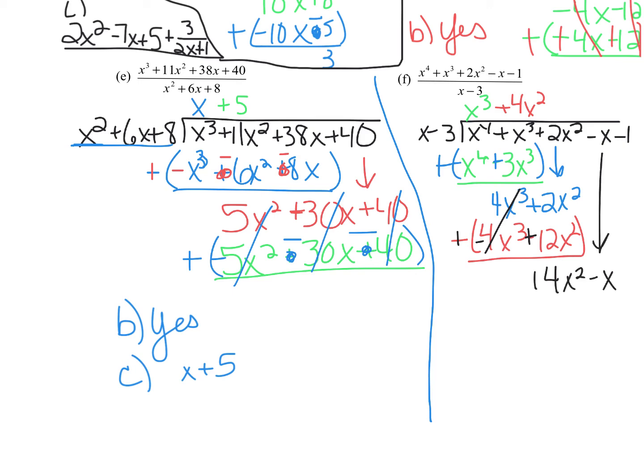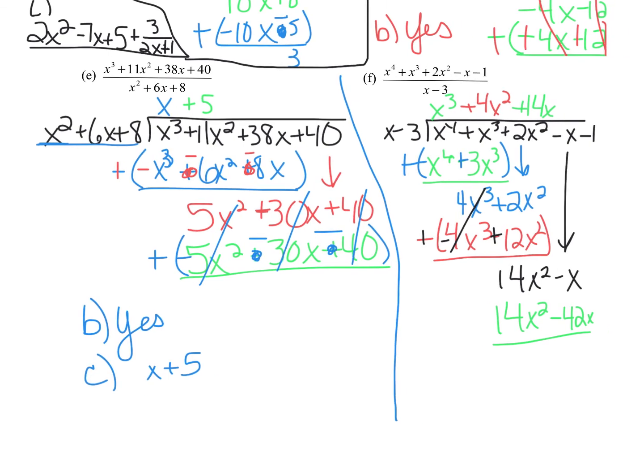Bring it down. So x goes into 14x squared, 14x times. And we have 14x squared minus 42x. I am slightly running out of room, so let's see if we can move this over. Okay, that should be good. Okay, so I'm going to subtract and change the signs.